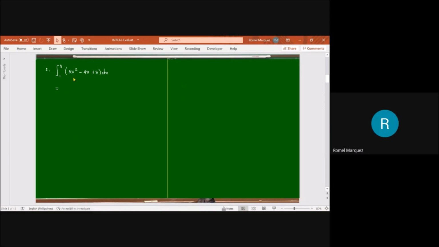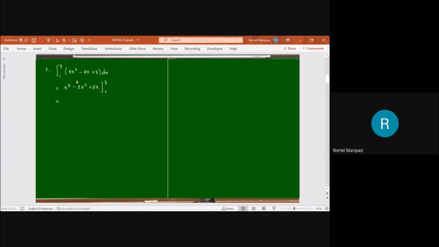So what is the integral of 3x squared? Again, we have to find first the indefinite integral. So we have x cubed, na? Second term, that is 2x squared. Third term, 5x. Okay? Evaluated from 1 to 3.